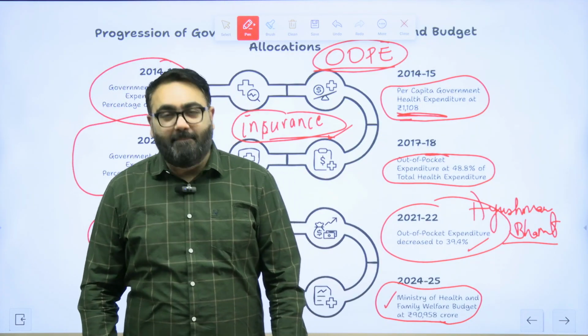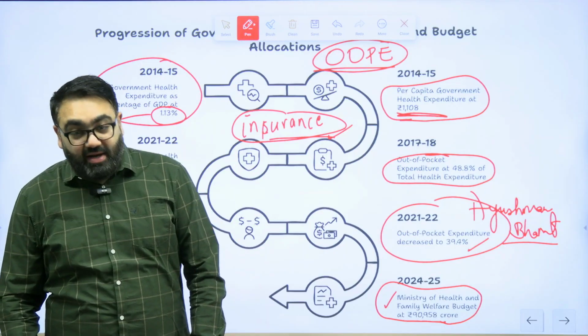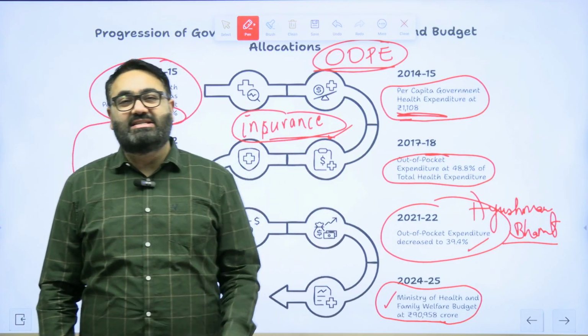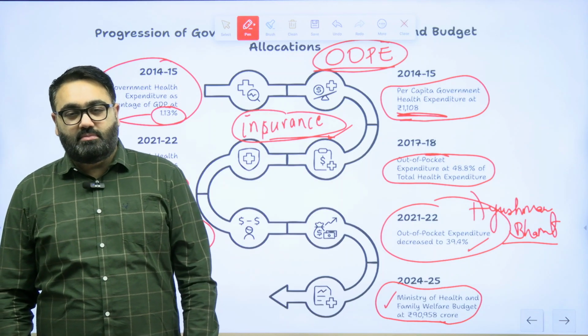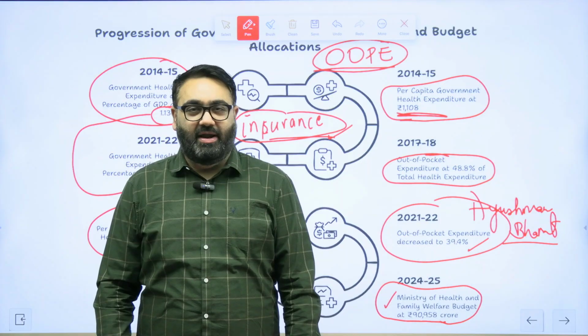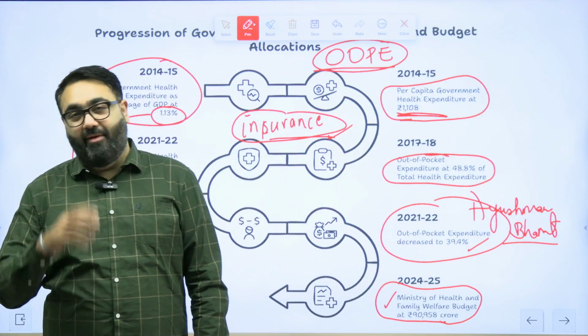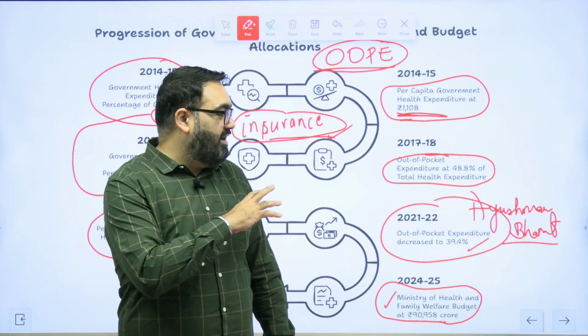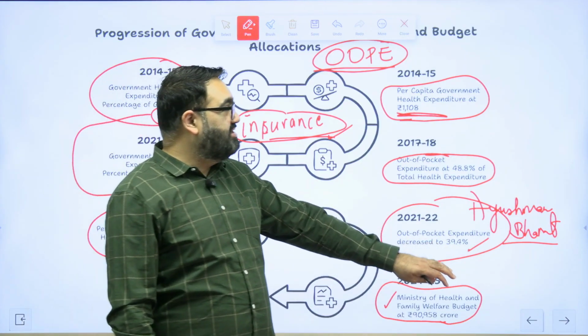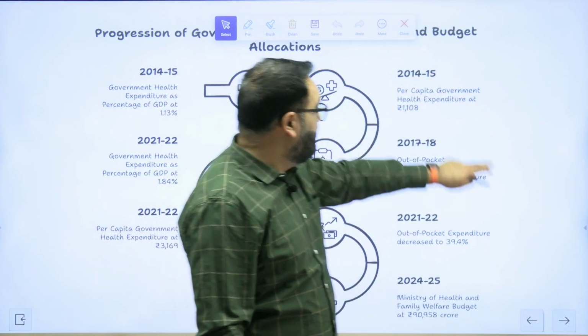They have to spend much more and have much better infrastructure in place to be prepared for these kinds of challenges in the future. You cannot expect that a pandemic will not happen again. It may happen again and you have to be prepared. And this is where the government increases expenditure. So the result was seen after just a few years.